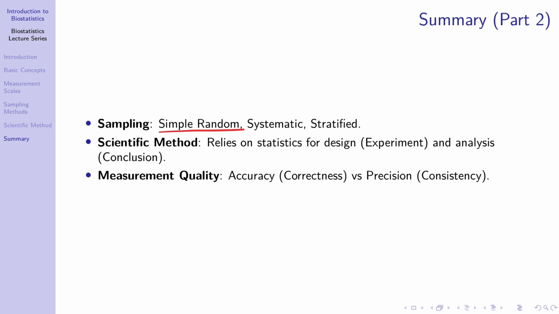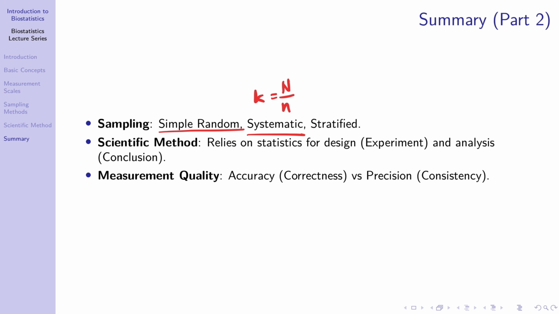We discussed simple random sampling, which is a probabilistic sampling method where everybody in the population has an equal chance of being selected for the sample. We have systematic sampling, where if you have the entire list of the population, we calculate k, which is the population size divided by the sample size.